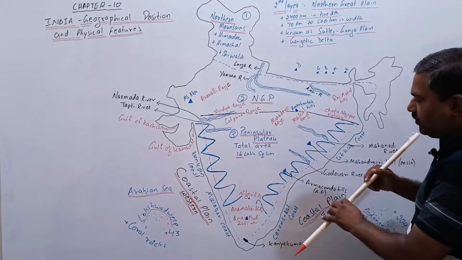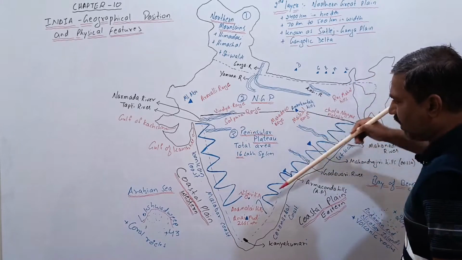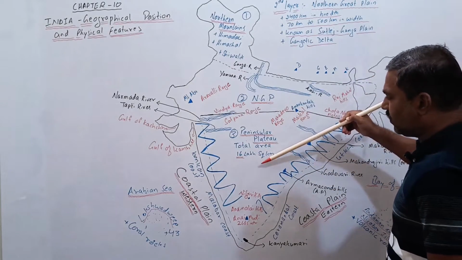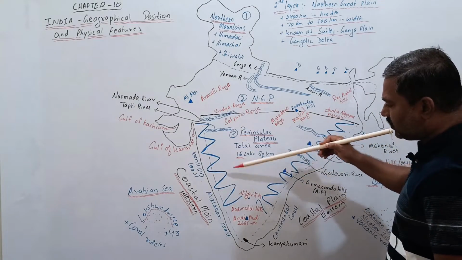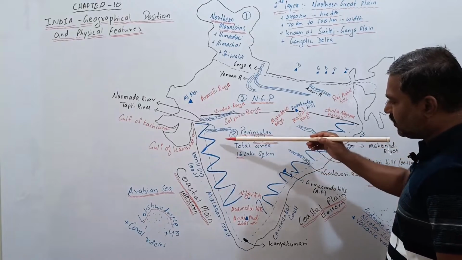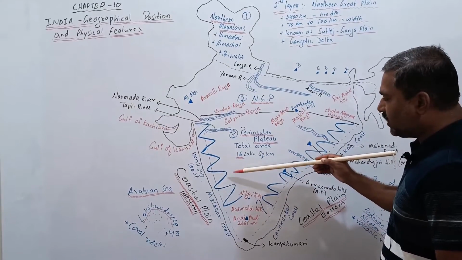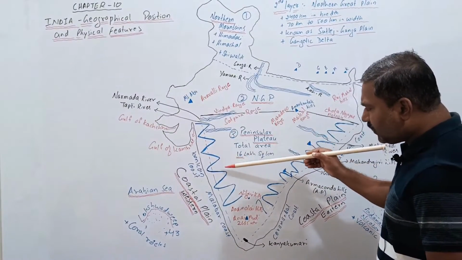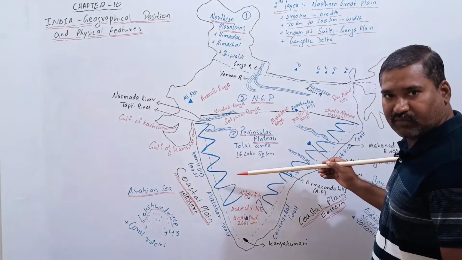Now, the peninsular plateau, which we said has its own importance. Why? It is because these peninsular plateau, Western Ghats and Eastern Ghats carry a heavy amount of forest as well as high hills, which are quite helpful in the birth of a number of rivers.